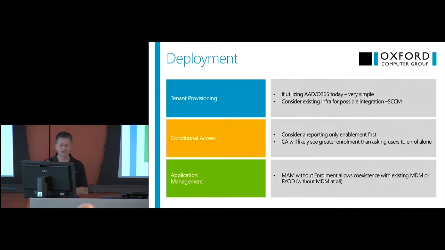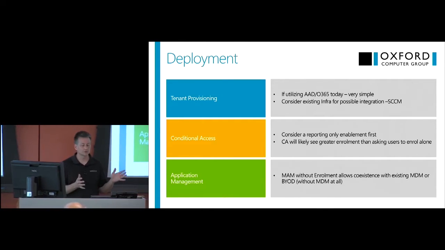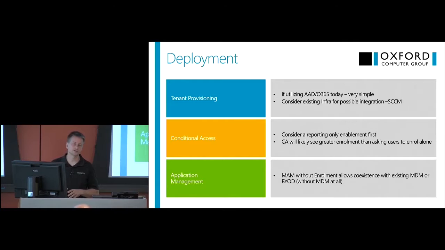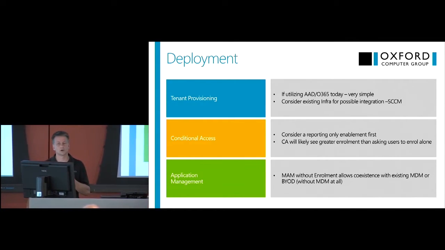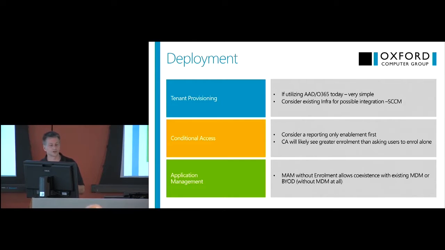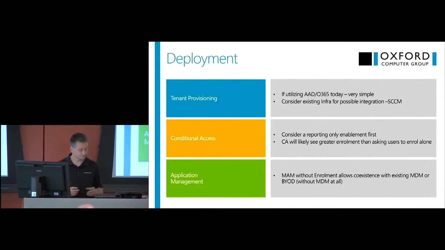And then the last point, we kind of talked about that already, is the application management. You can do that with MDM if you want to take full control of the device, both the device and the applications, or you can just manage the applications themselves without having to take control or ownership of the mobile device itself, or if you have an existing MDM that you're already using to provide that type of security.